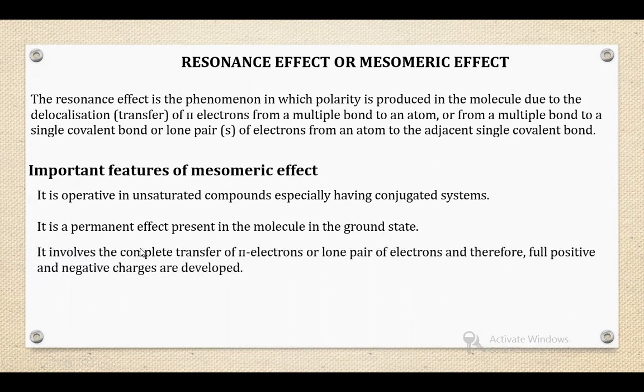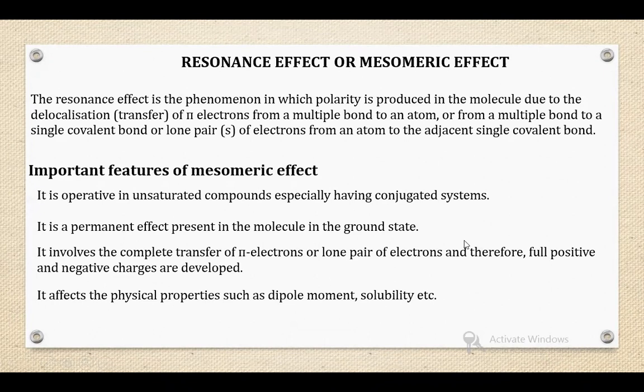It involves complete transfer of pi electrons or lone pair of electrons, so a full positive or negative charge is formed, and it affects physical properties such as dipole moment and solubility.